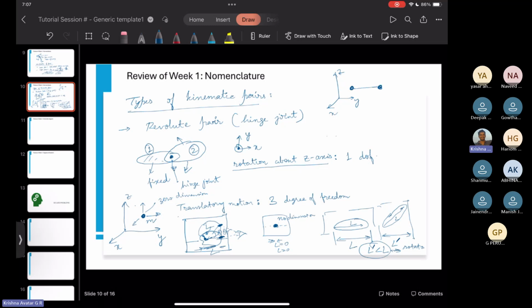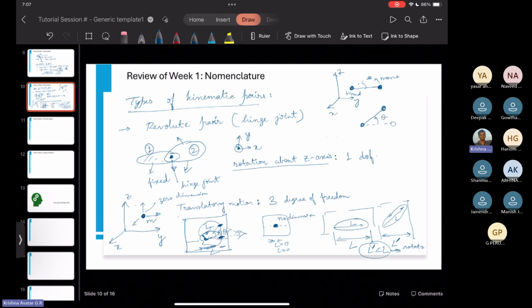If we move one body with respect to another, keeping this one fixed and this one moved, then for this imaginary line we see some change in orientation in this coordinate system of X and Y. When we look from the top, it was earlier here before we rotated it, and now it is here.